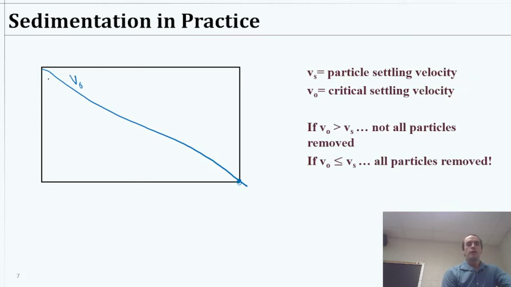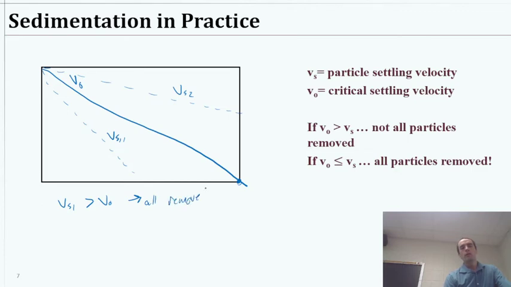If we have different sedimentation velocities, we'll say VS1 and VS2. If VS1 here, the downward component, is larger than the downward component of V naught, so VS1 is greater than V naught, therefore all particles are removed.